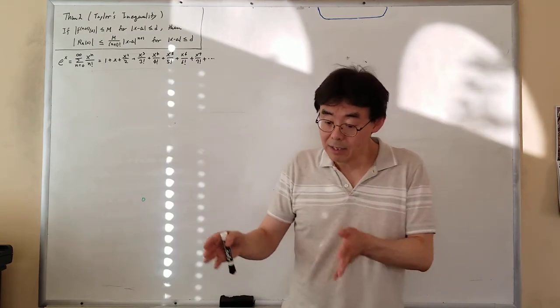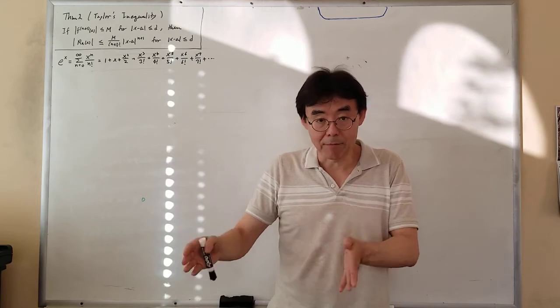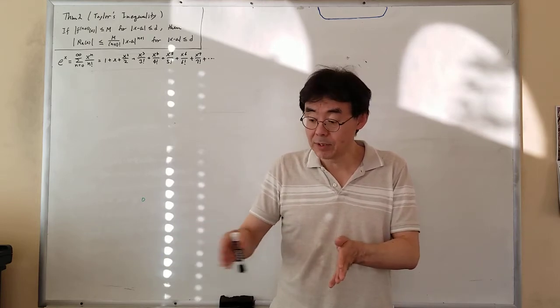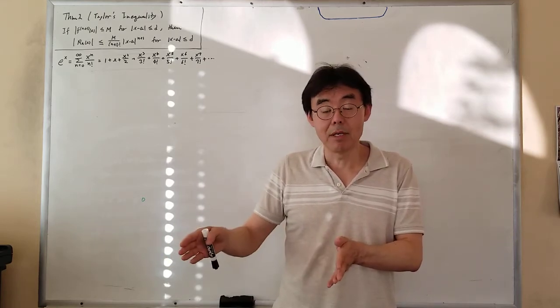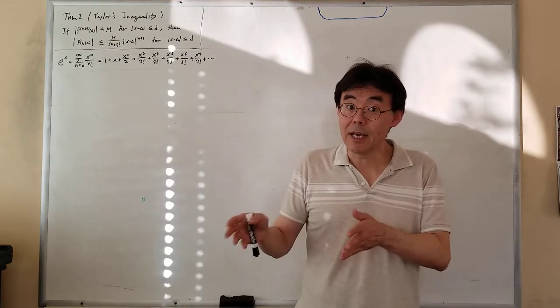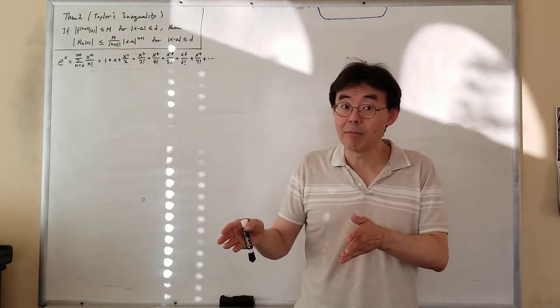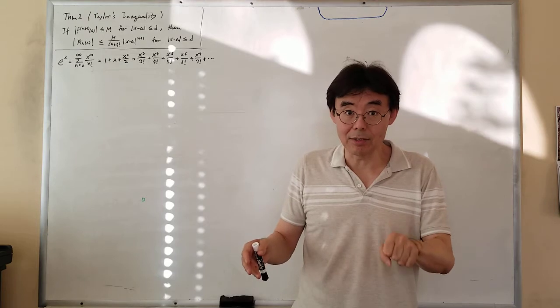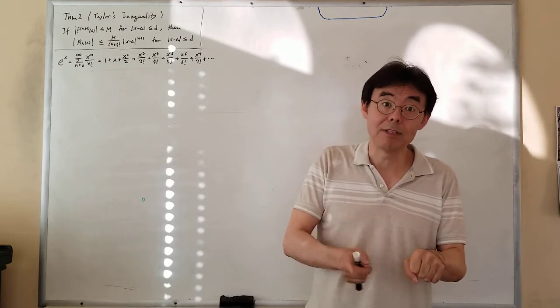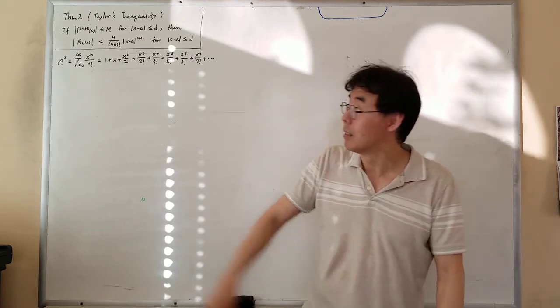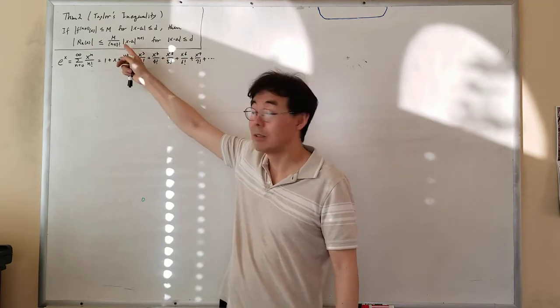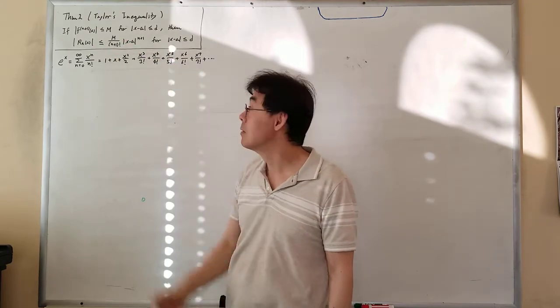Not only that, if you use the first n terms, the sum S n, as an approximation, then the upper bound of the error will be the size of the n plus first term, the first term discarded, the maximum possible value.